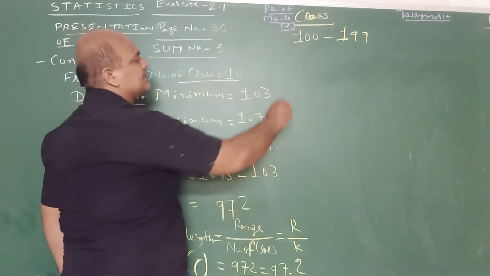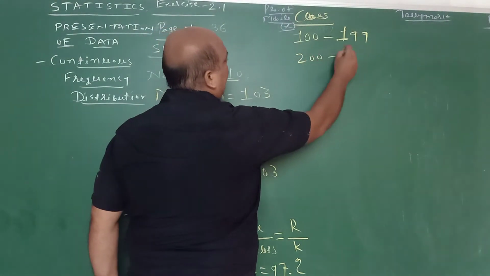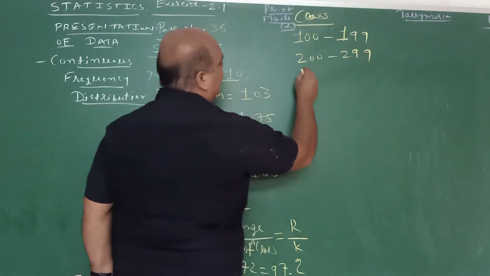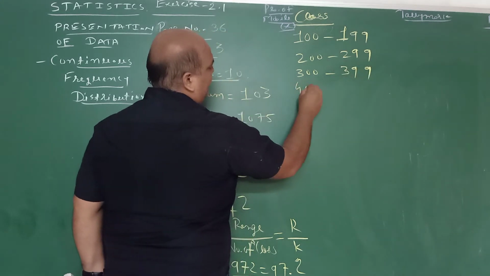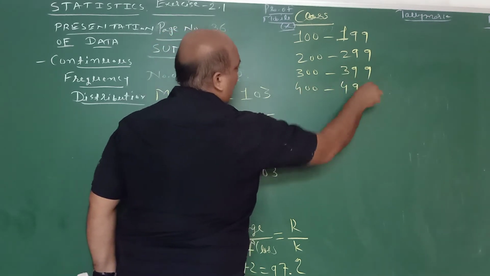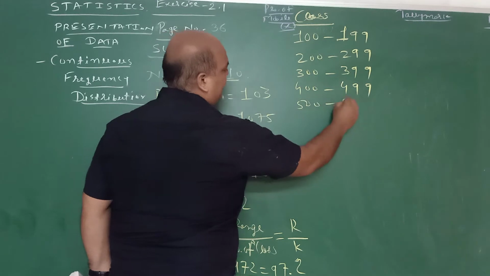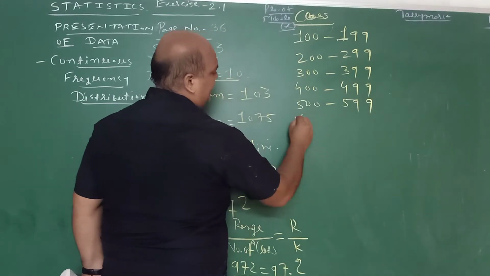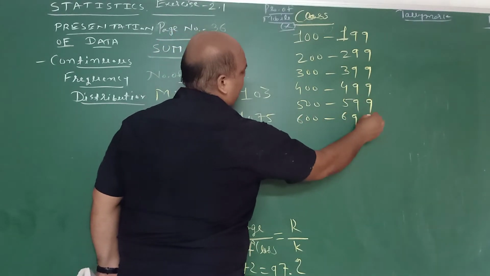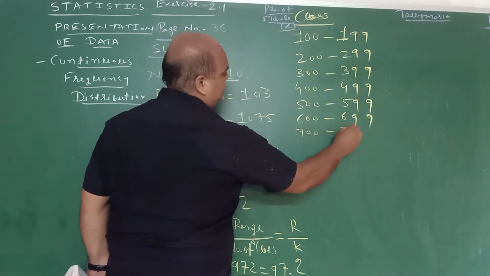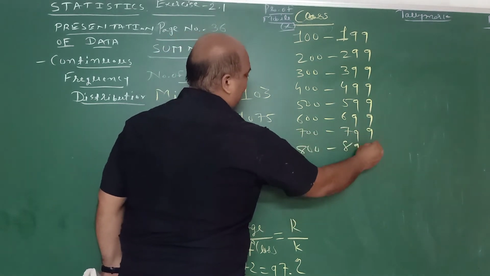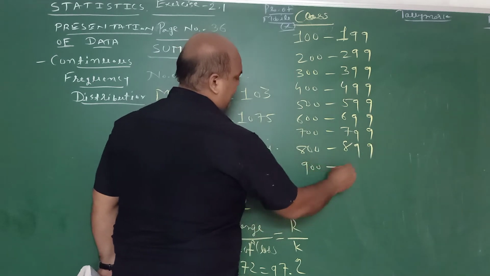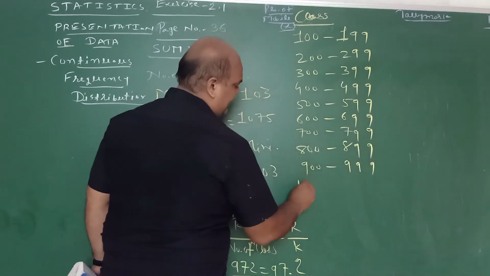The second class is 200 to 299, 300 to 399, 400 to 499, 500 to 599, 600 to 699, 700 to 799, 800 to 899, 900 to 999.